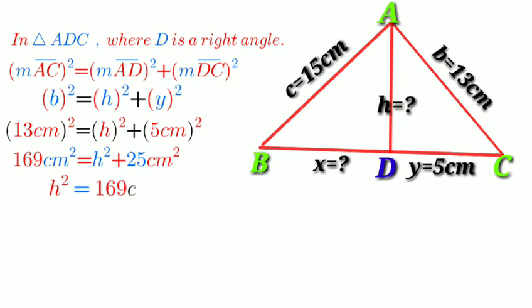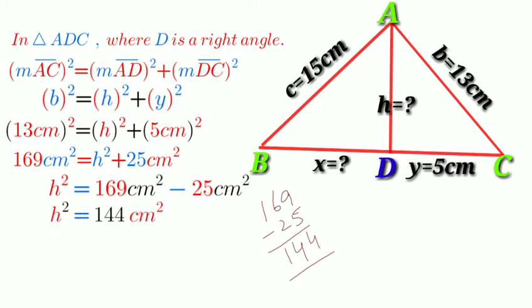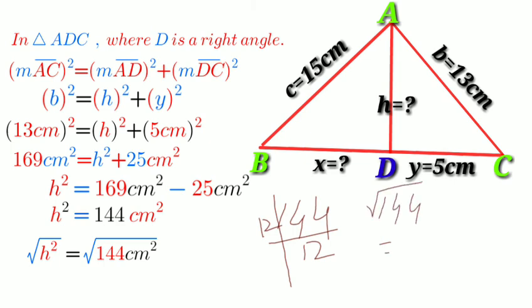It can also be written as H square is equal to 169 square centimeter minus 25 square centimeter. The difference of 169 square centimeter and 25 square centimeter is 144 square centimeter. Taking the under root on both sides, the value of H is 12 centimeter.